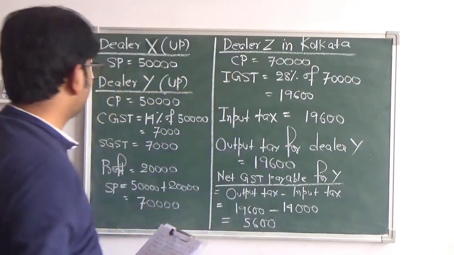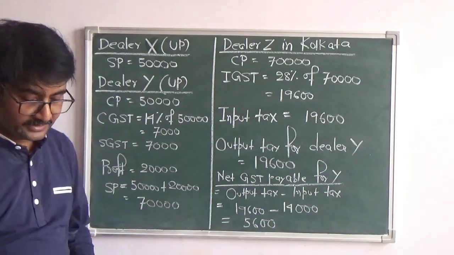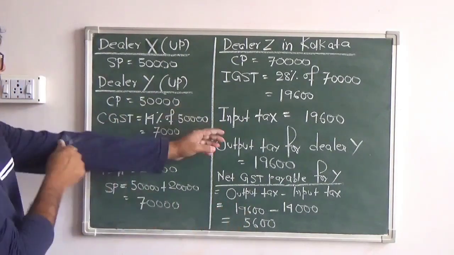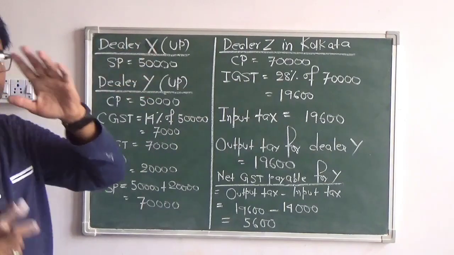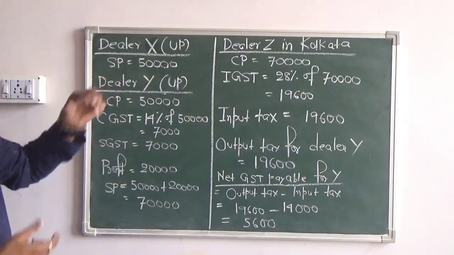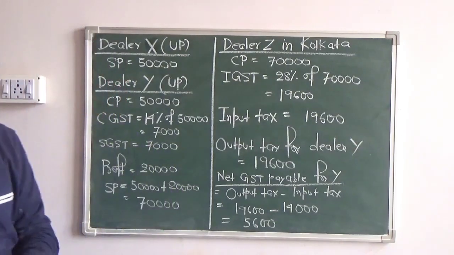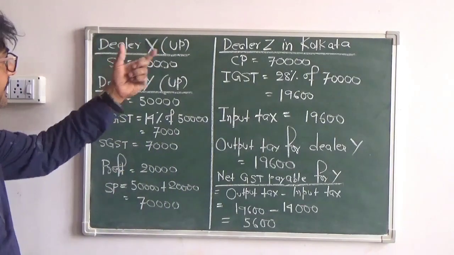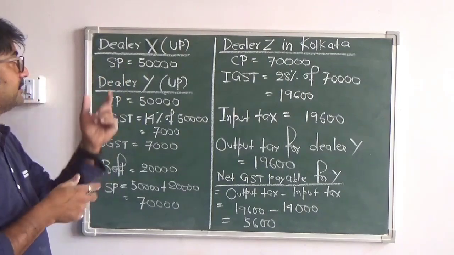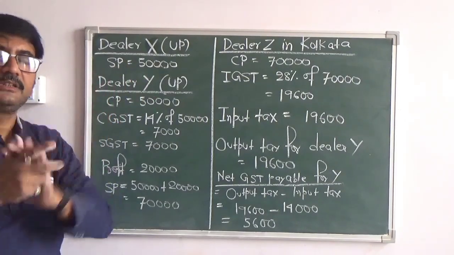So here we come. Dealer X in UP supplies goods and services. The dealer X in UP charges a selling price of 50,000 for the supply.